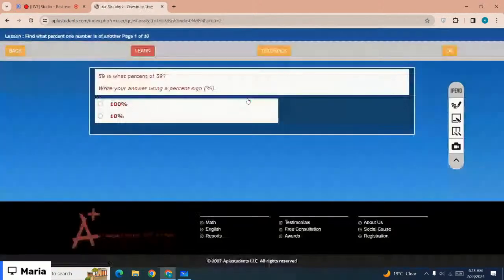59 is what percent of 59, which is the correct option? You can think logically.